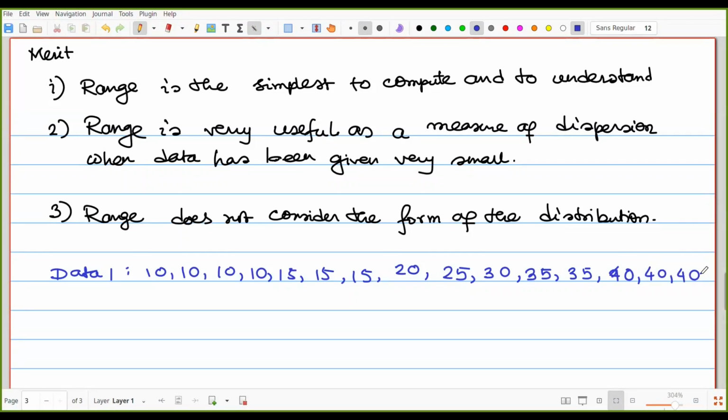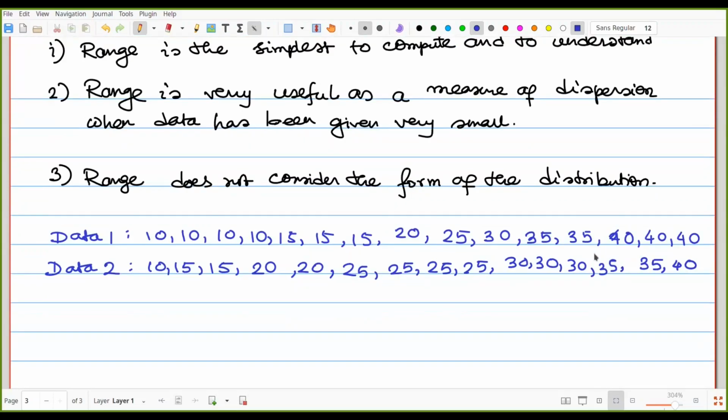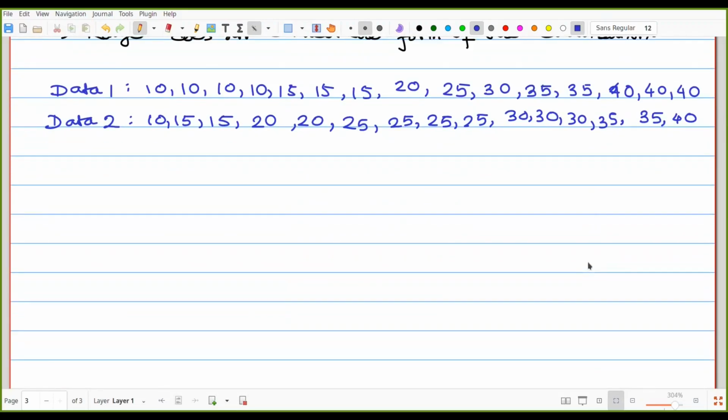Another data set: 10, 15, 15, 20, 20, 25, 25, 25, 25, 30, 30, 30, 35, 35, and 40. If we draw the distribution, it looks like this.